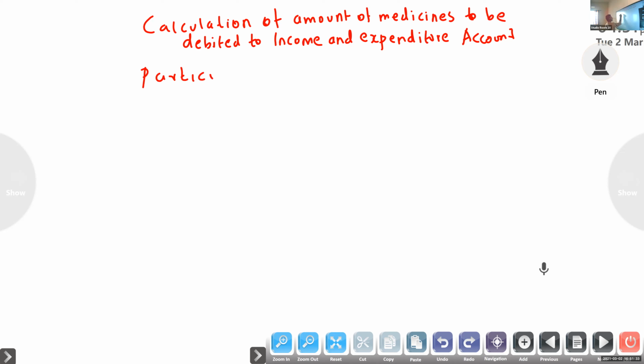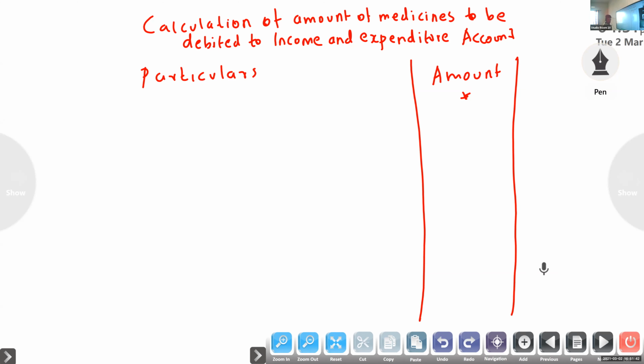There is particulars, amount. So first one, amount paid to creditors for medicines. So here you have to write 25 lakh.